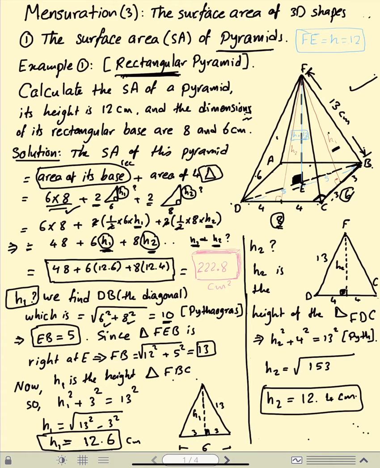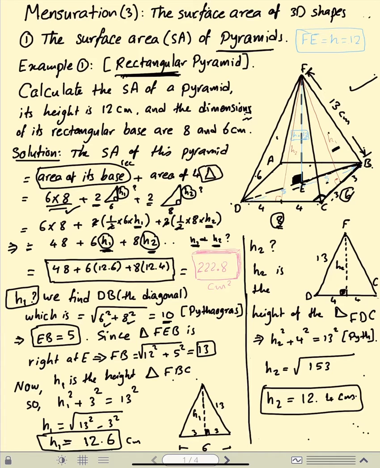You will get 10. Why do we find DB, my dear IG students? To find EB, this one, EB. EB is 5 as well, that I wrote to you in blue, by properties of the rectangle. It's a characteristic of the diagonal.